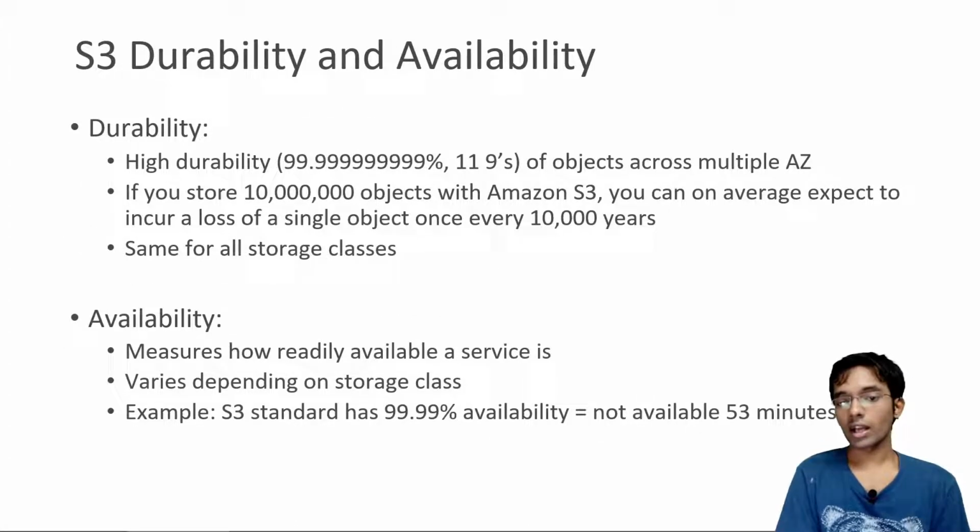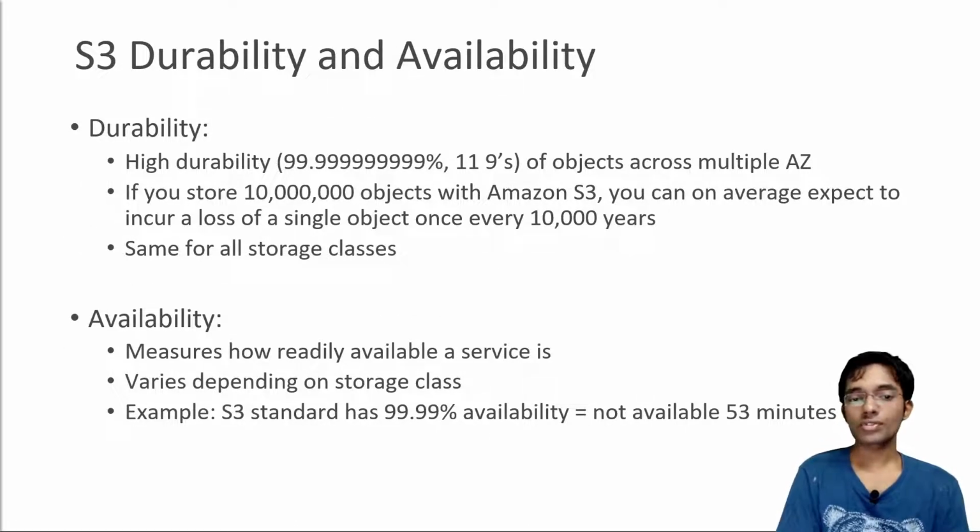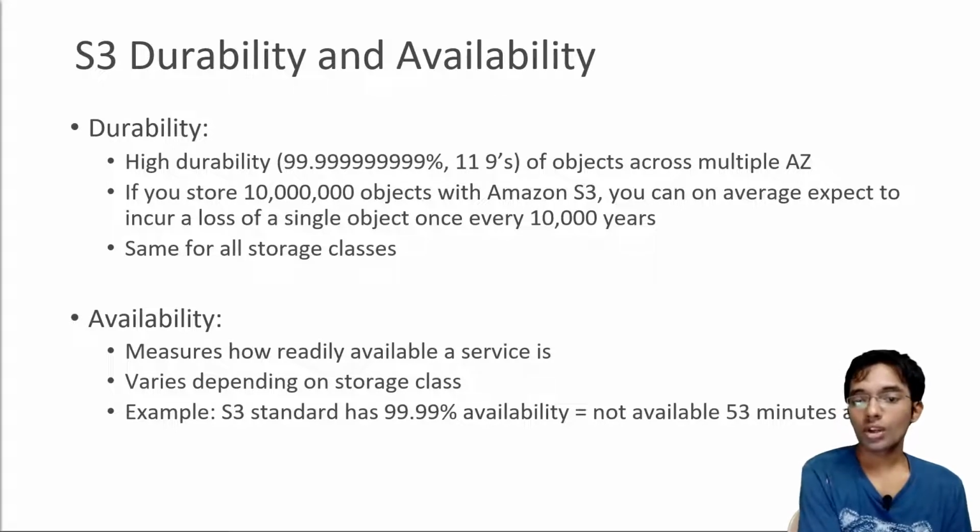before we go into the classes, let's define the concept of durability and availability. So durability represents how many times an object is going to be lost by Amazon S3. Amazon S3 has a very high durability. It's called 11 nines, so 99.999999999%.